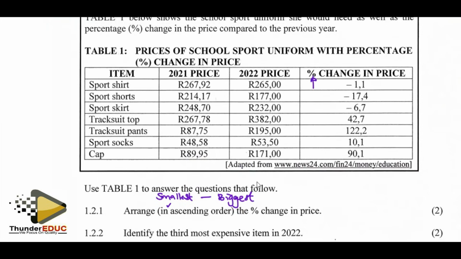So what's the smallest value? This is the smallest value, followed by this, followed by that, followed by this, followed by this one, we have 10 comma, then followed by this, followed by that. At last we have this much. So if you write it in ascending order, don't forget to put the signs there.